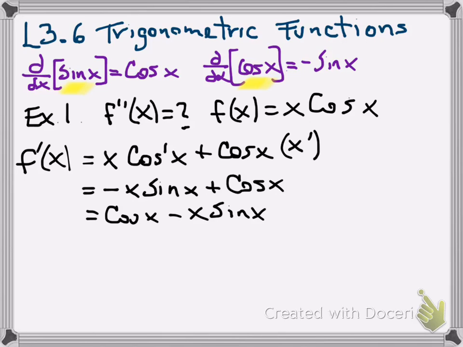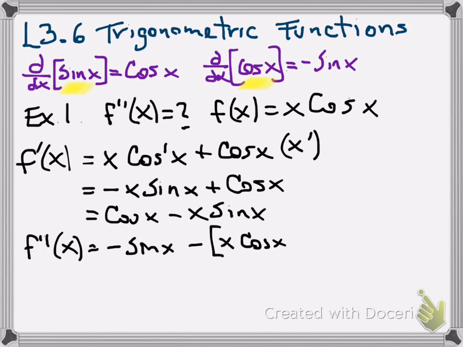Okay, let's do now the second derivative. The derivative of cosine equals negative sine of x. And we have a product again. So here we will have the first one, x, times the derivative of the second one, the derivative of sine, which equals cosine of x, plus the second one, sine of x, times the derivative of the first one, the derivative of x, which is 1.